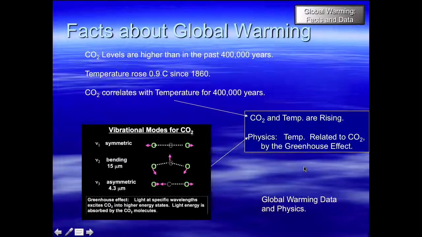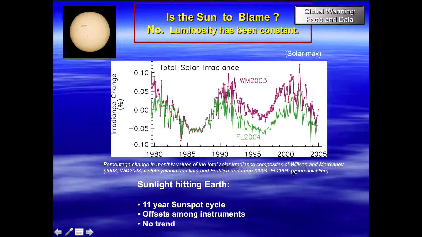So now we can start putting some of the pieces of the puzzle together, except I want to touch on one issue, and that is, you might wonder whether or not the sun has anything to do with the increase in temperature. Is the sun to blame? Well, the answer in brief is no. It is true that the irradiation, the luminosity of the sun varies over an 11-year sunspot cycle.